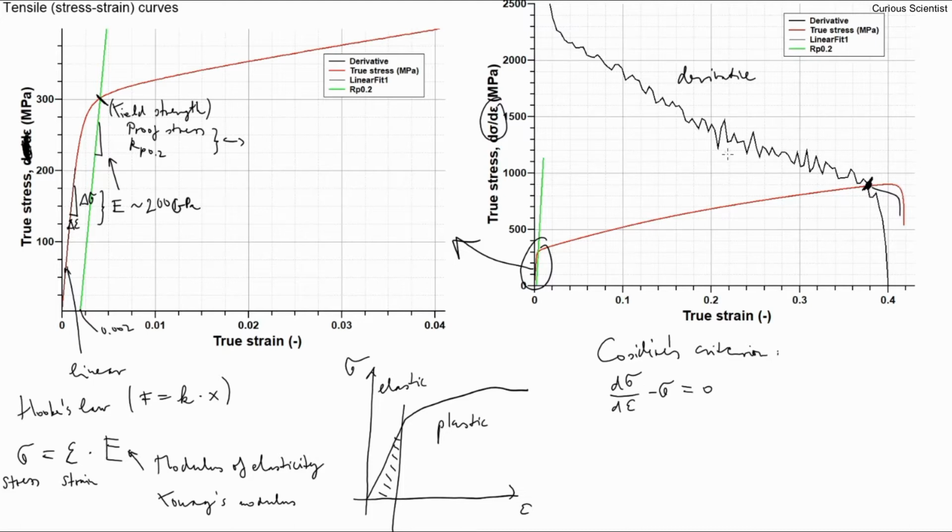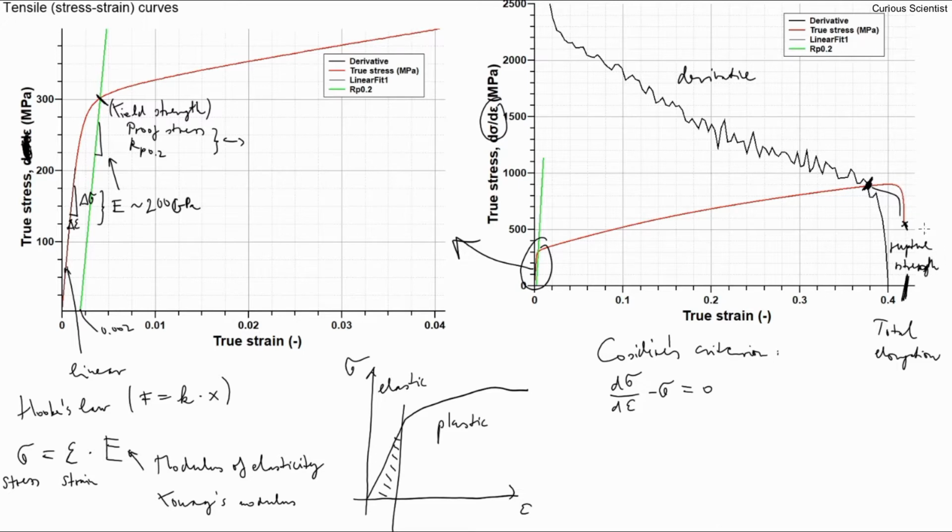And then you can get several other parameters. So basically, up until this point where you have your failure, you will get the total elongation, and then if you have the stress at this point, this is called the rupture stress, or rupture strength, I would say.